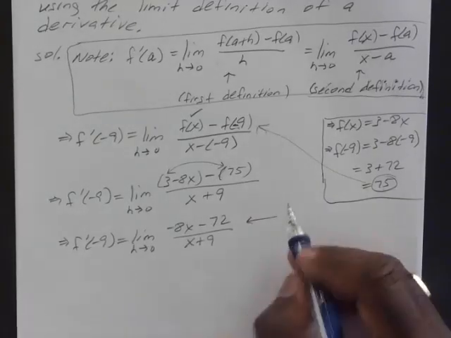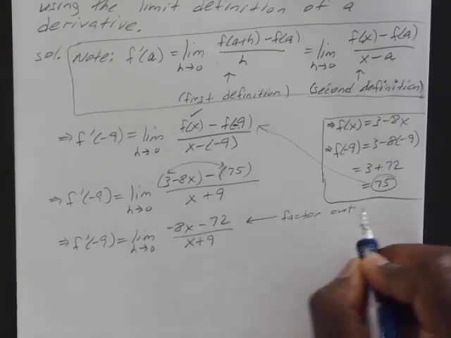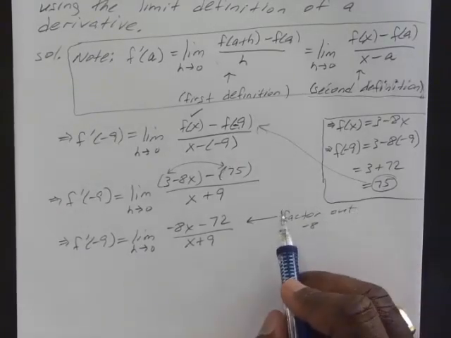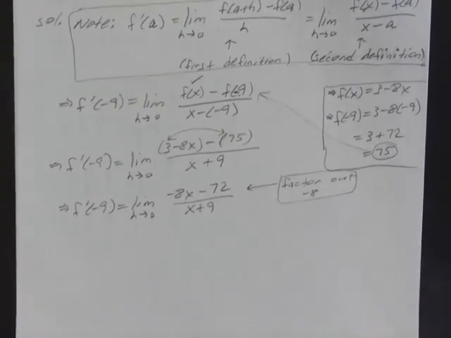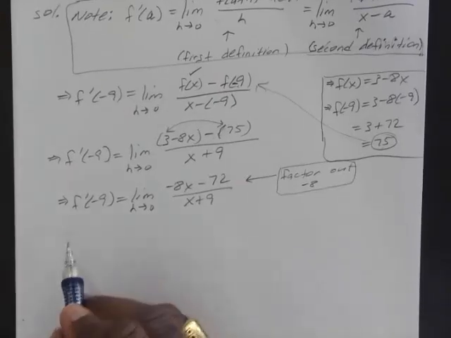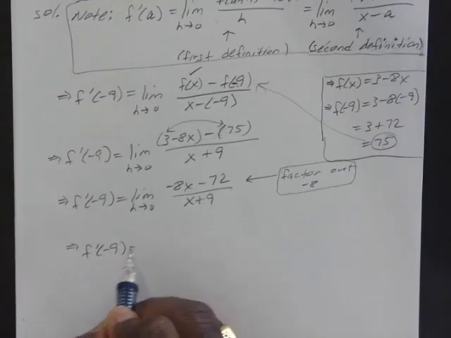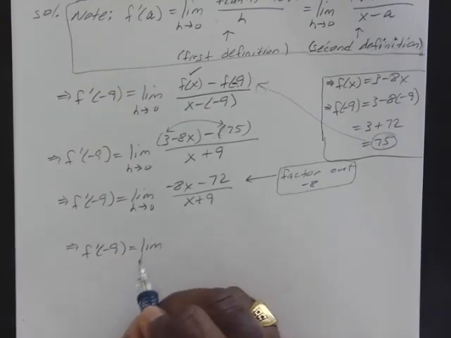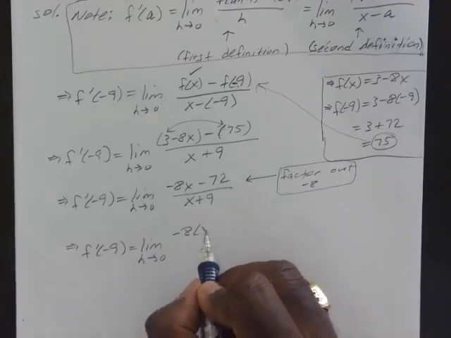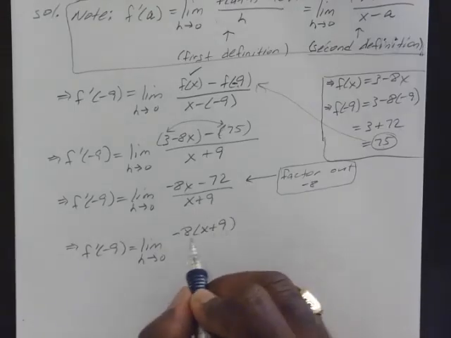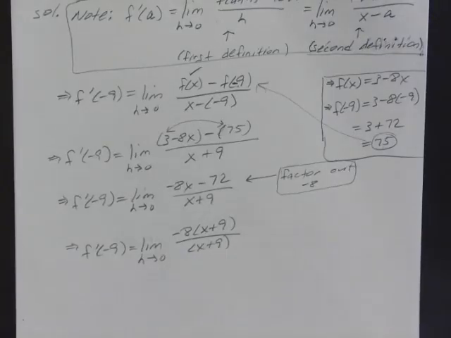Okay. So for our numerator, we can just factor out a -8. So that equals the limit of -8 times x plus 9 divided by x plus 9.